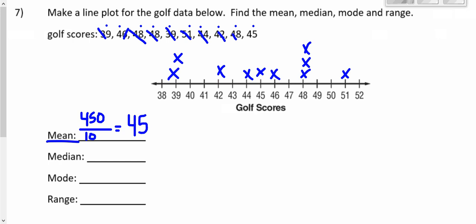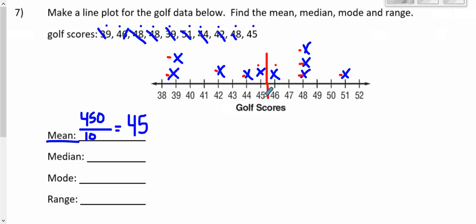Now for our median, remember we can cross off. I'm going to use a red pen just to mark them off, or I'll put a dot by them so we can still see them. One low, one high, one low, one high, one low, one high, low, high, low, high. So that means my median should be right here.